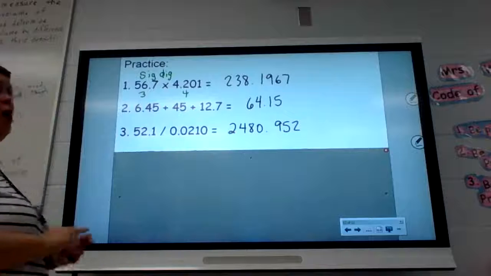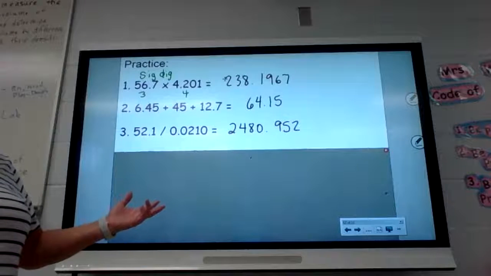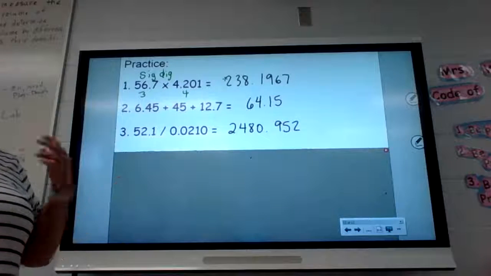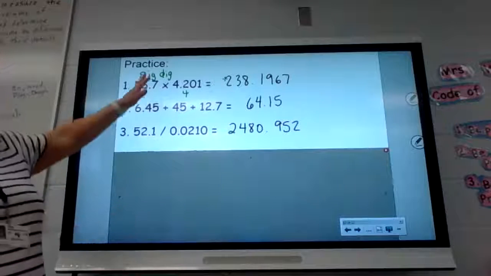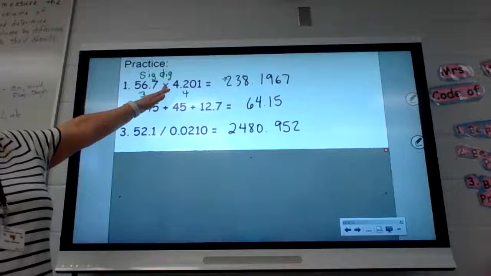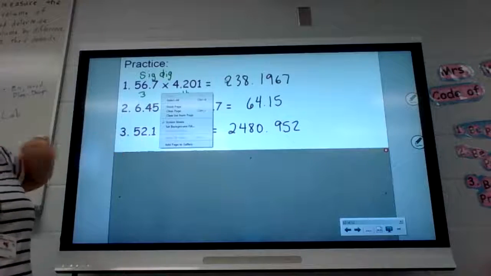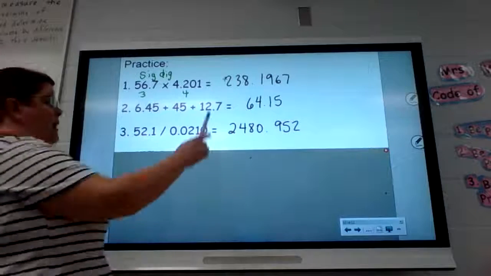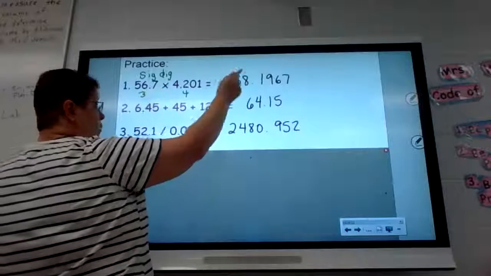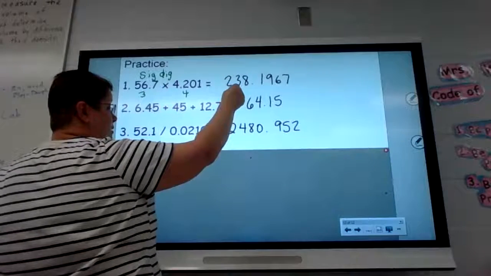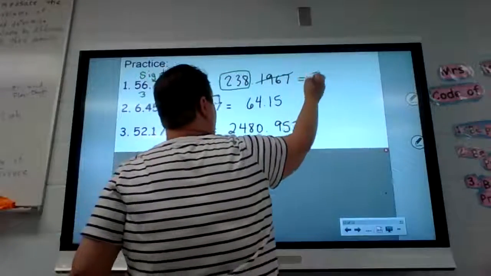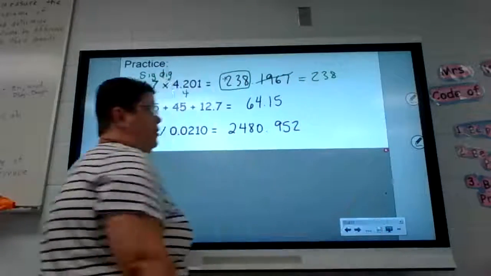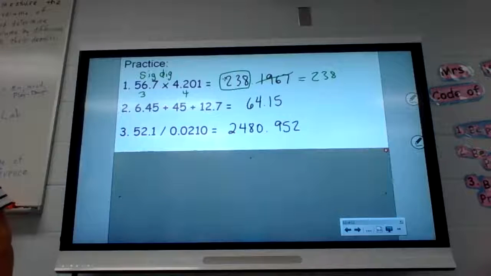So we want total significant digits, not decimal places. That's the hard part about this, remembering which rule to use. So how many do I need? 3. What are my first 3 significant digits? 238. Okay. So number 2, what rule do we need?